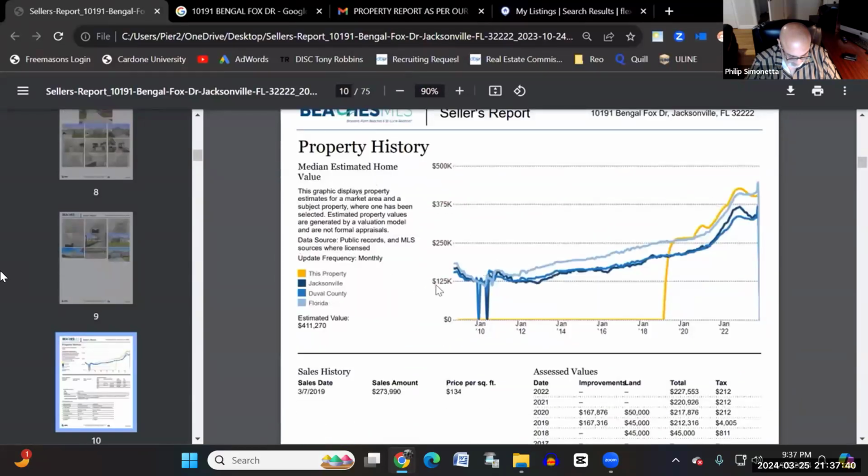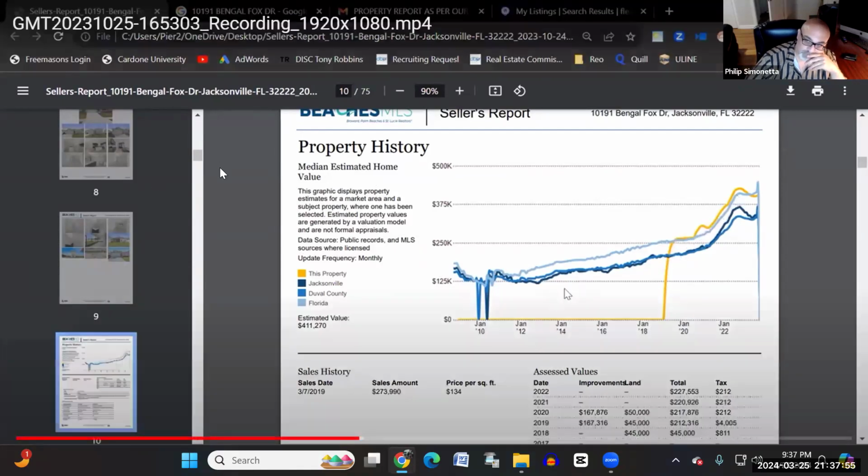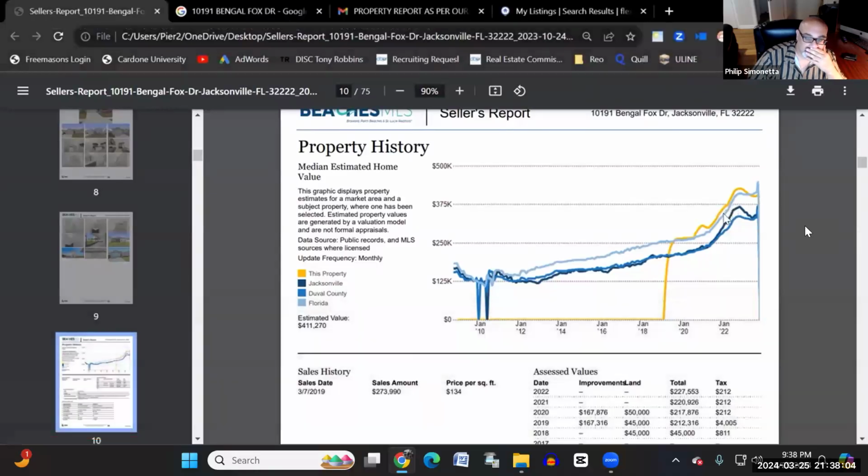So you see here, as the property, this goes back to 2010. This is the history. Obviously your property wasn't there until 2019. See how it's like 0, and then it jumps. Your property has always been above the average. The light blue's Florida, Duval County, and the dark blue's Jacksonville. Do you see how the market was coming up and then it kind of froze up, it came down a little, and it's starting to lag there?